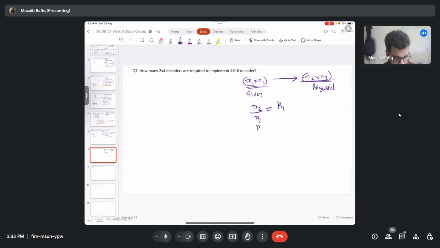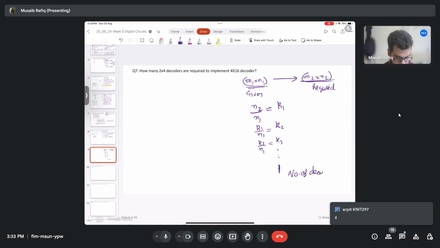Then I will divide this K1 by N1. I'll get K2. Then this K2 by N1, I'll get K3. So on, until I get 1. And the number of decoders required will be the summation of Ki's.